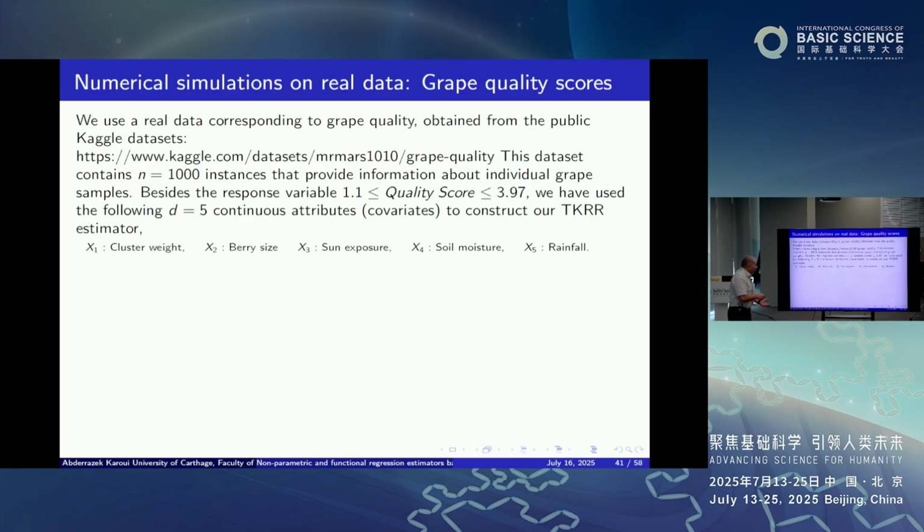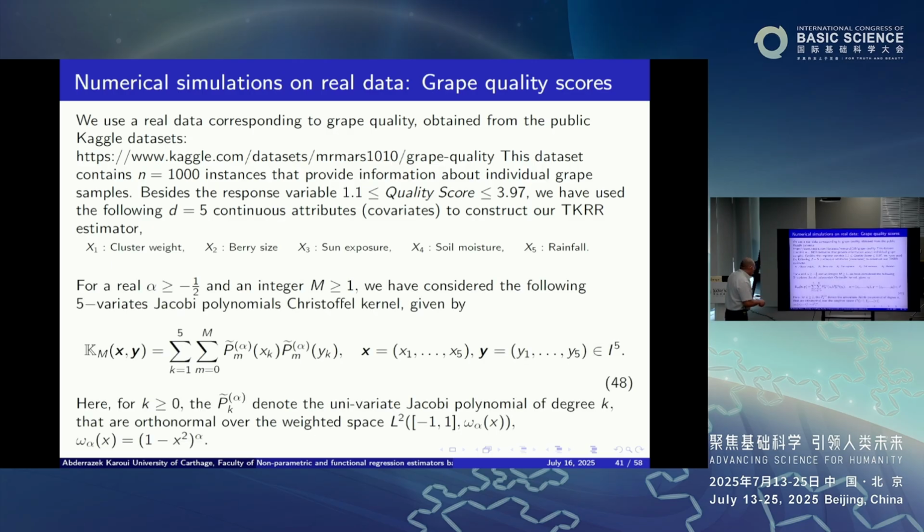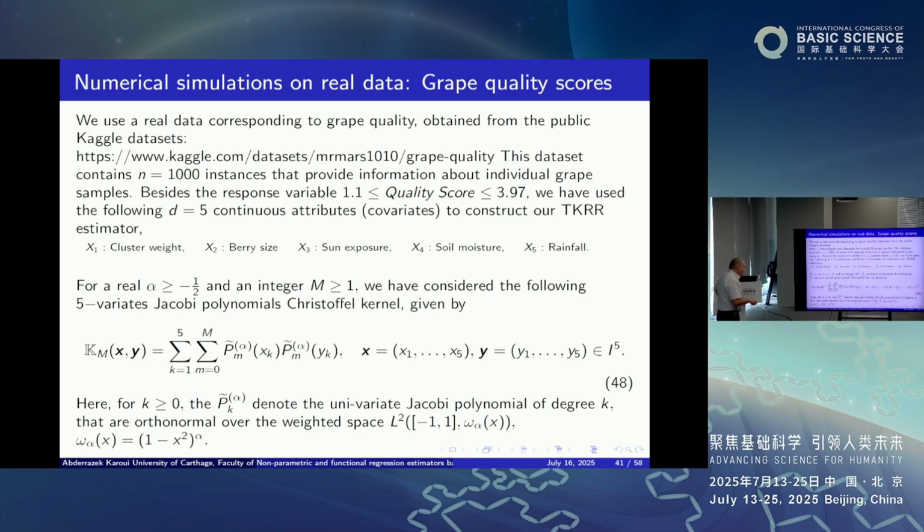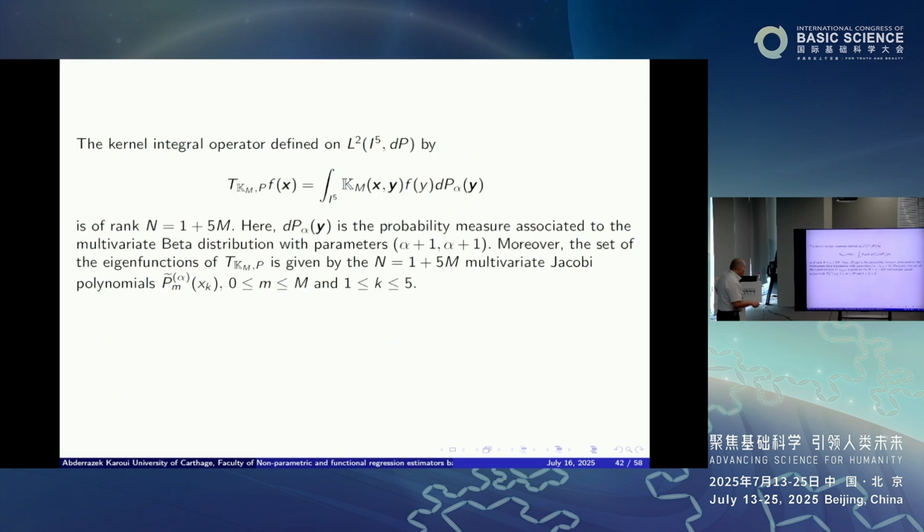The response variable is the quality score, and we have applied our estimator using a polynomial kernel with degree m, the higher degree of the polynomial. So our space is of dimension 1 plus 5m. We truncate our random matrices to 1 plus 5m, and this is what we get.